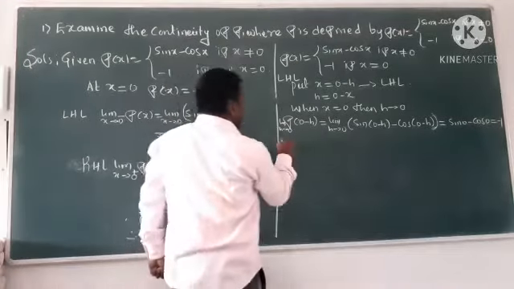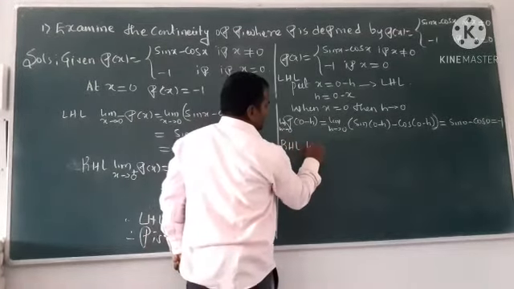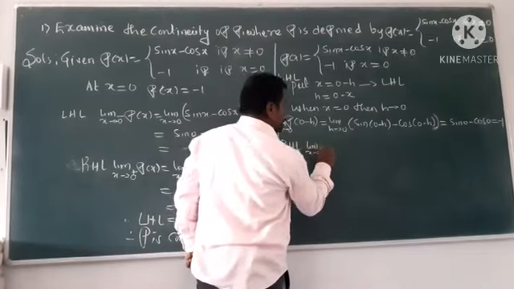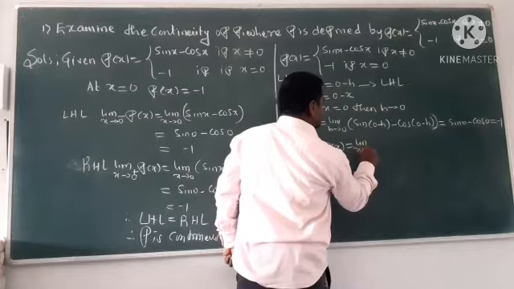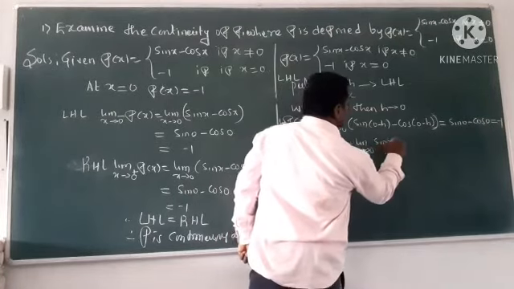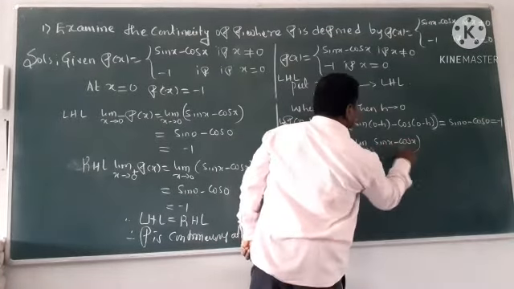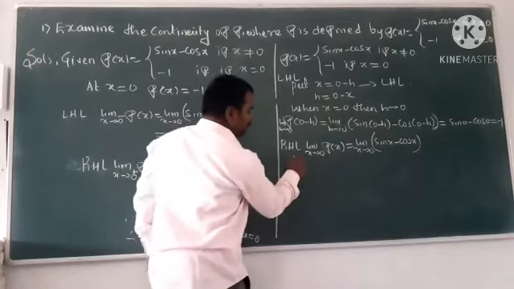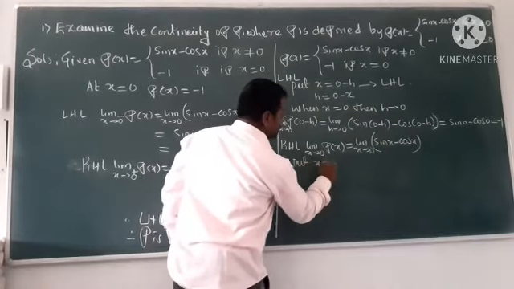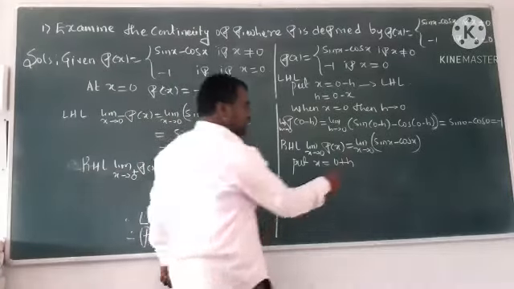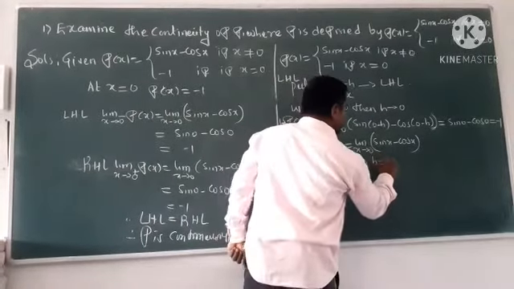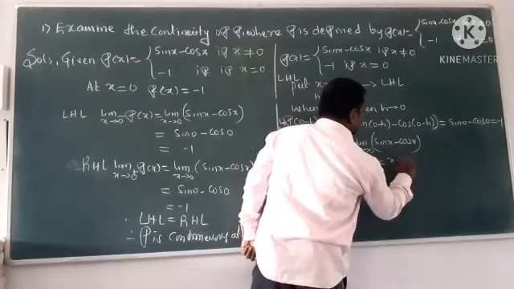So next, RHL, limit x tends to 0 plus f of x. What is the function? Limit x tends to 0 of sin x minus cos x. But the conditions are important. Put the alternative method, x is equal to 0 plus h. So h is equal to x minus 0.